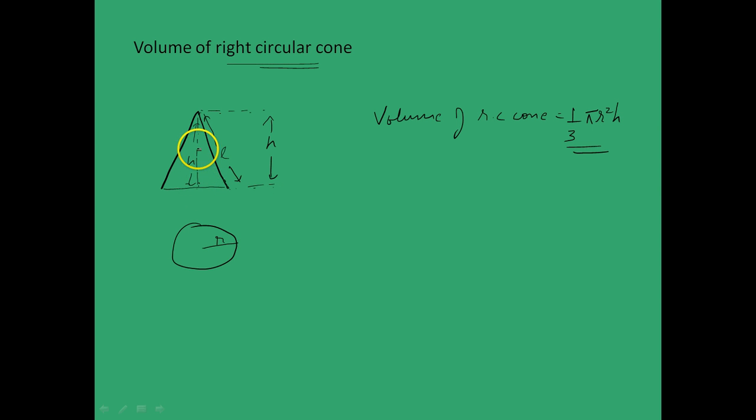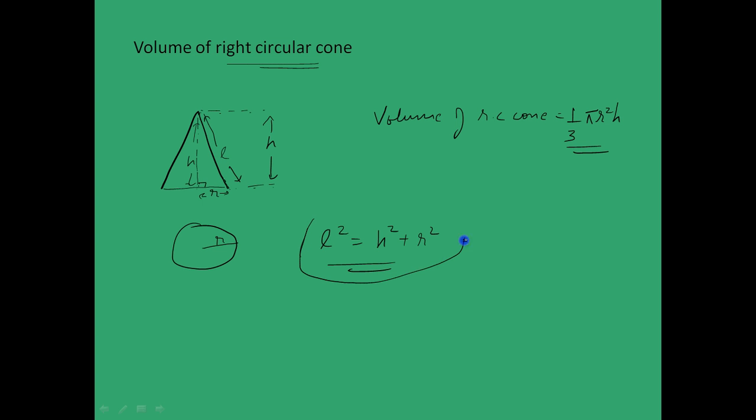We know that this is a right circular cone, so this is 90 degrees, and this is r because this is the base radius. So this is a right angle triangle, and Pythagoras theorem is applicable. So we know that l square is equal to h square plus r square.